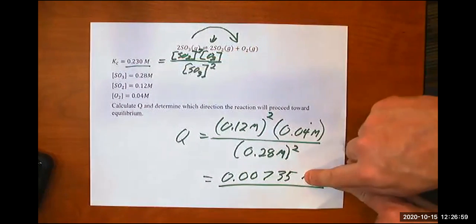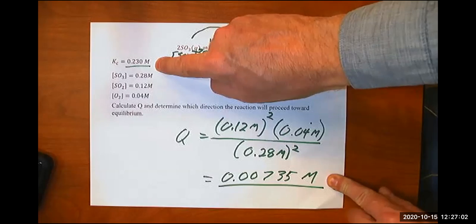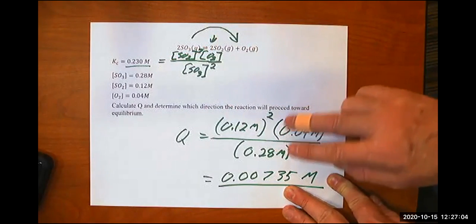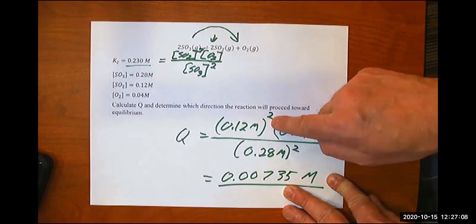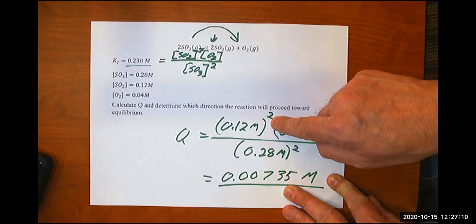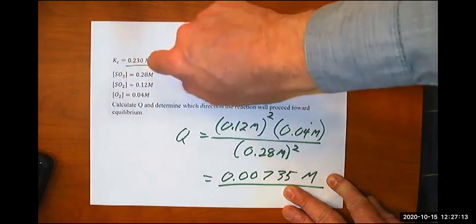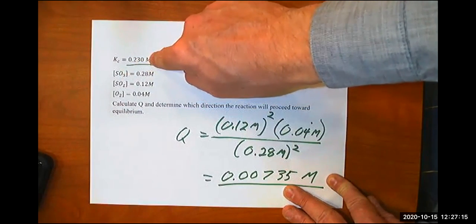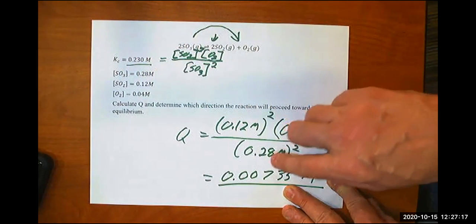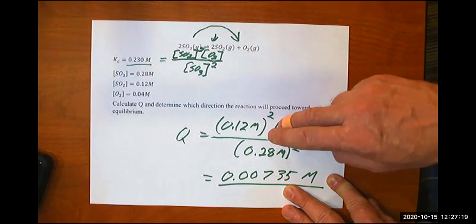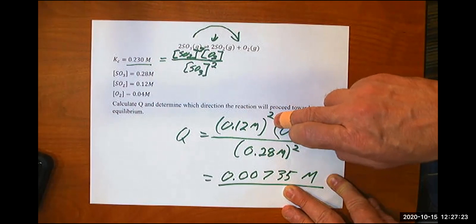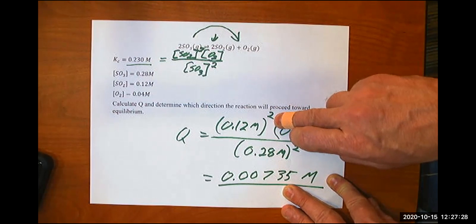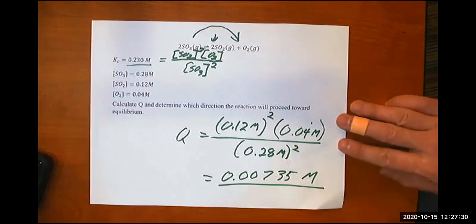This number being smaller than this number means that in our expression, we need to shift some stuff from the denominator to the numerator in order to make the number bigger so we can approach the equilibrium constant. If we're shifting from denominator to numerator, then we are shifting from reactants to products, because products are always in the numerator, reactants are always in the denominator. Does that make sense? Okay.